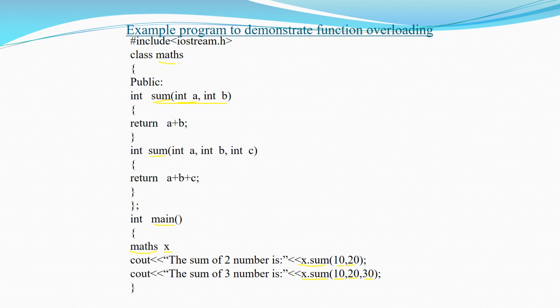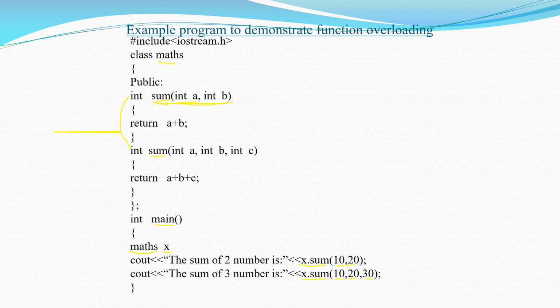Again it goes to the class Max and finds out whether we have a sum. Yes, I have a sum, and it checks the first function sum. It checks the type and the number of arguments. The first function has two arguments, and now we pass three arguments, so it goes to the second function sum.